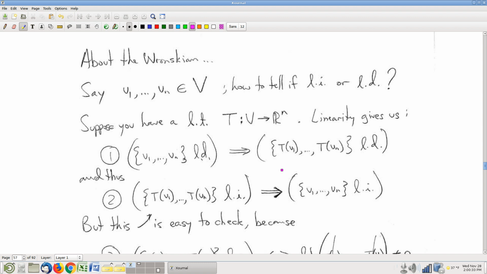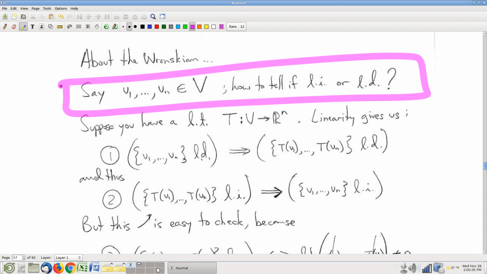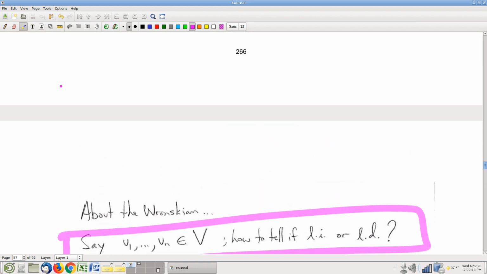Okay, so here's our question. Suppose you have vectors in a vector space. How do you tell if they're independent or dependent? Okay, now before we go on, if this vector space is Rn, we know the answer. That's chapter 1. You have a bunch of vectors in Rn. Make a matrix, take the determinant. It answers the question immediately. If these are n times differentiable functions, we have our chapter 2 Wronskian to help us answer that question sometimes.